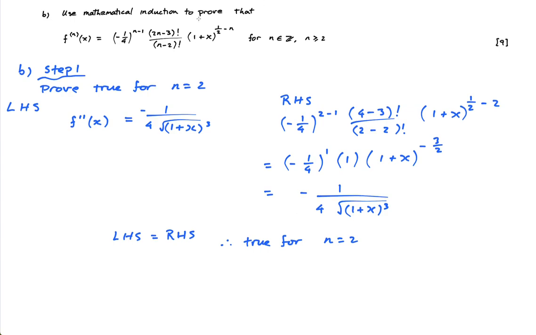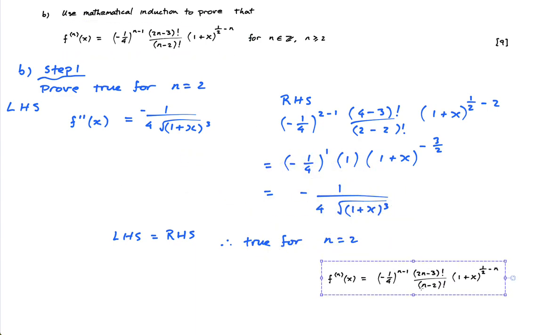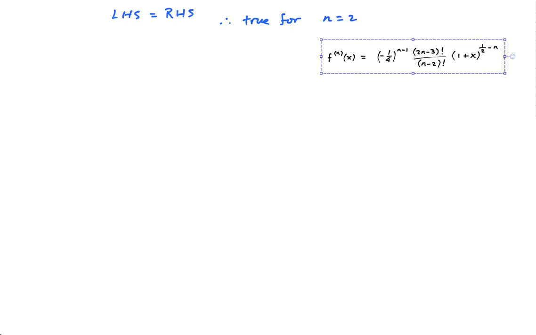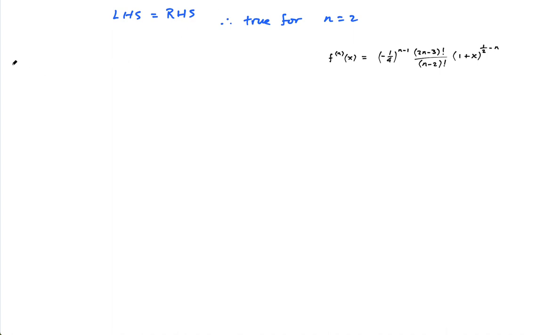Okay, step 2. Let me just, guys, copy this down because I'm going to need more space, just so I can see it. Step 2: assume true for n equals k.